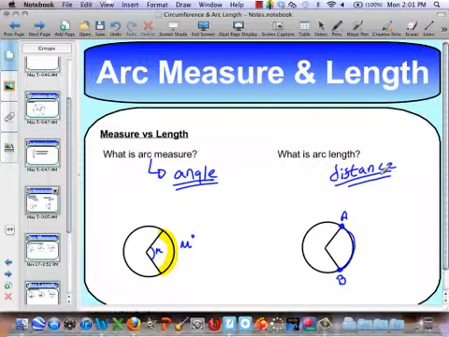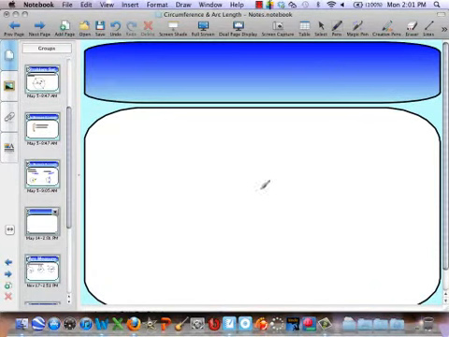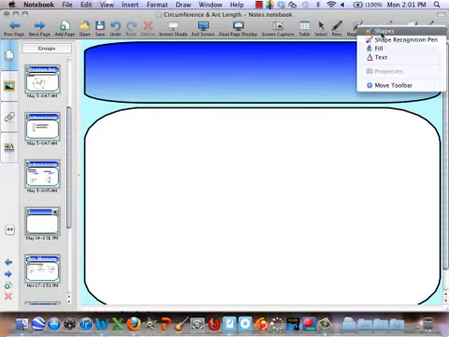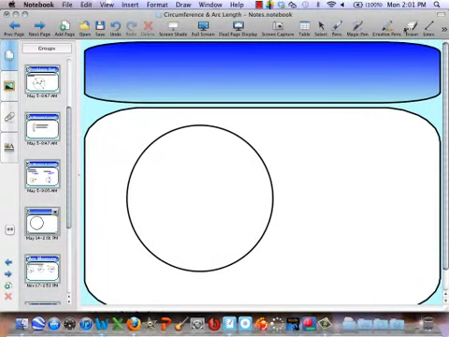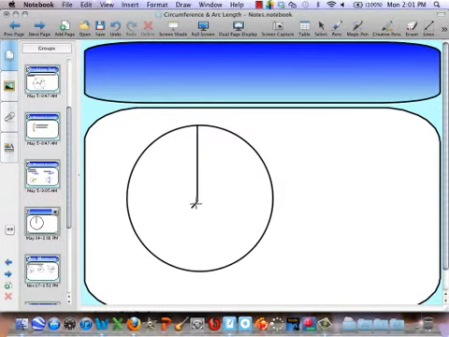So now this is a big concept. Suppose I have a circle, and I have a 240 degree angle.